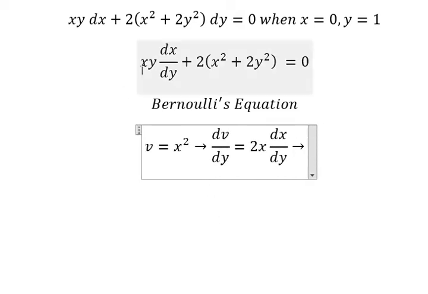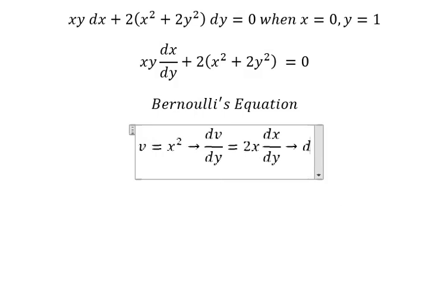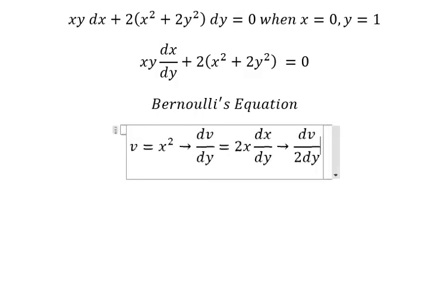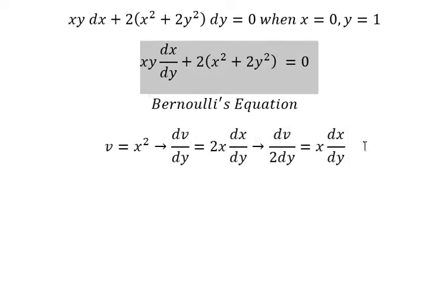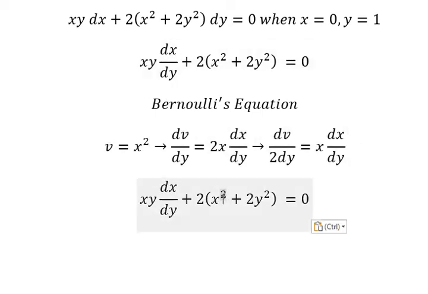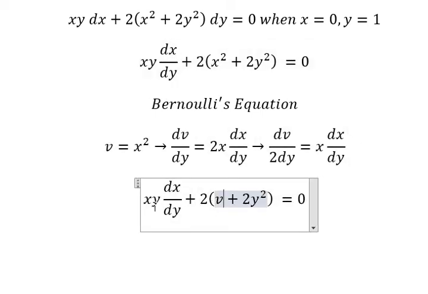Next, because we don't have number 2, we divide both sides by number 2. Next, we need to change this one into v. S ds over dy we change by this one.